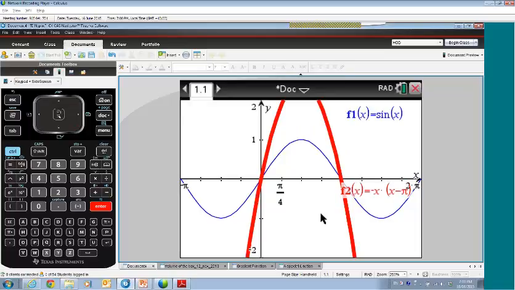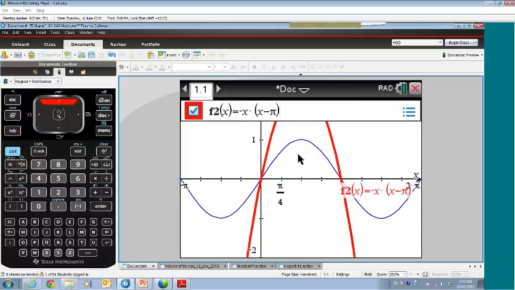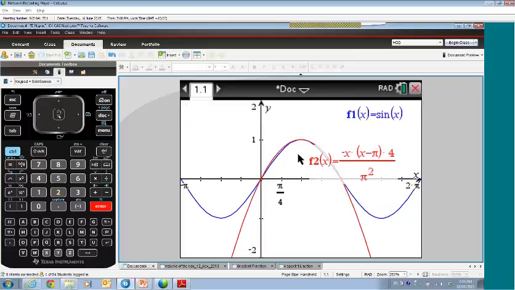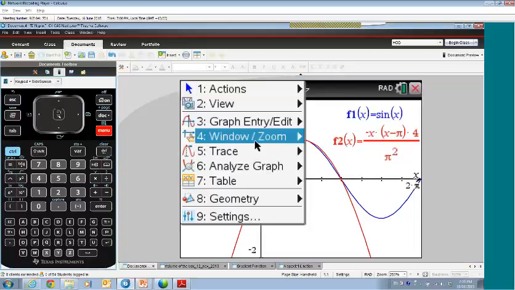That's not a very good approximation, and if I want it to pass through this turning point here, so that aligns, you can work out the coefficient. Turns out to be 4 over pi squared, and it actually aligns quite well. How well? It needs to be measurable, and the activity does ask students to measure.